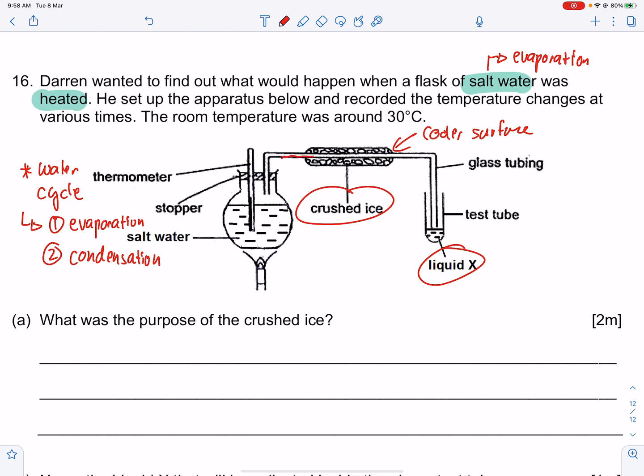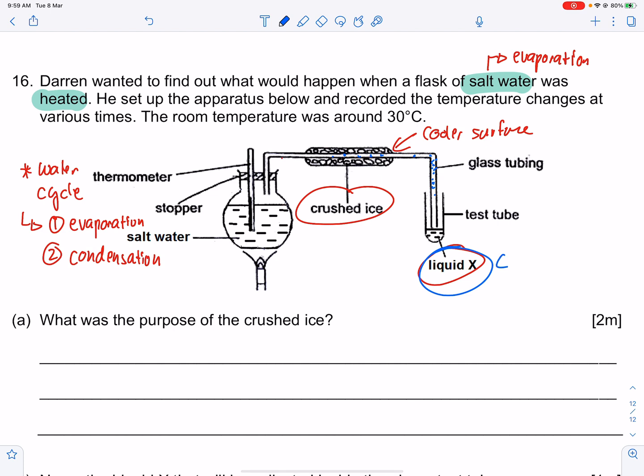So as it goes past this tubing here, your water vapor will start to condense into water droplets. And then what happens is that the water droplets, as they gather and become larger droplets, they will then drip and flow into your liquid, into your test tube.